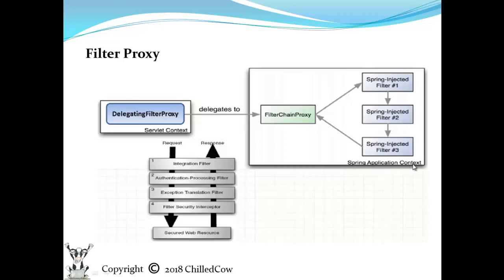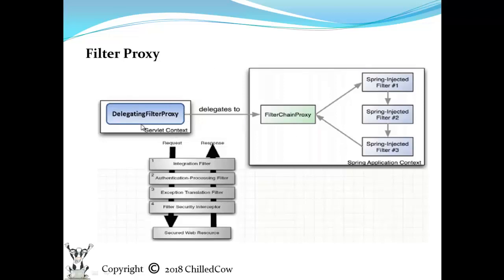In that situation, our servlet context needs to delegate the responsibility of filtering to the application context, because these filters are not available in the servlet context, so we have to delegate that request.